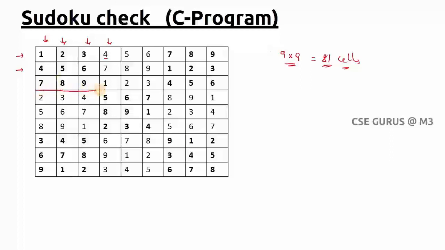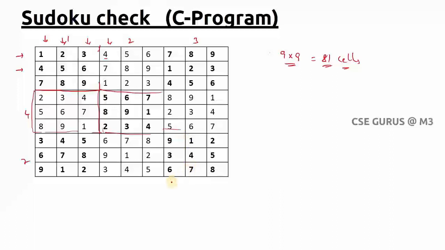This is one cube, this is another cube, and this is another cube, so the first, second, and third cube. This part is the 4th cube, this part is the 5th one, the 6th one, the 7th one, the 8th one, and this part is the 9th one. So like this also you need to check.